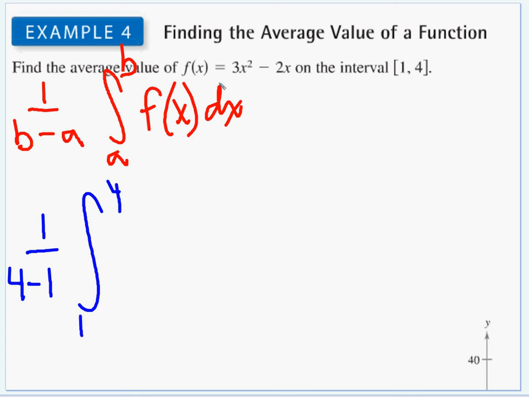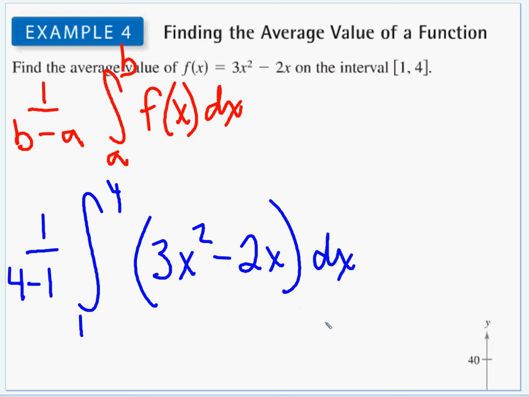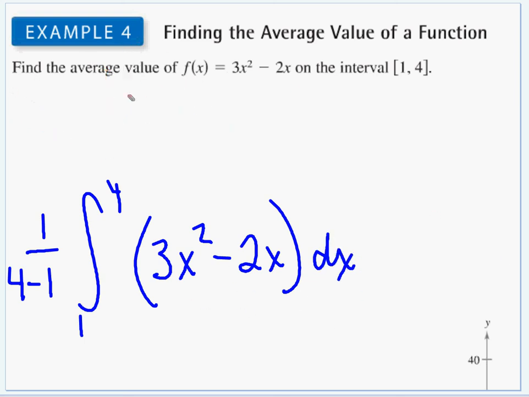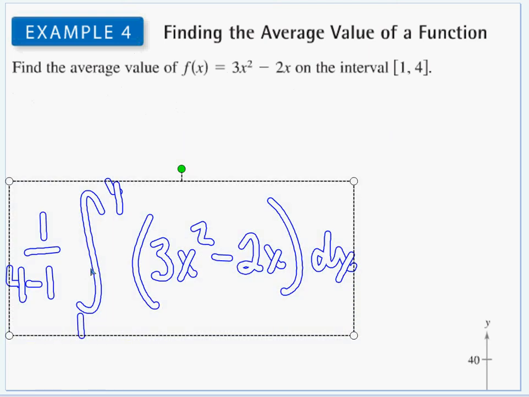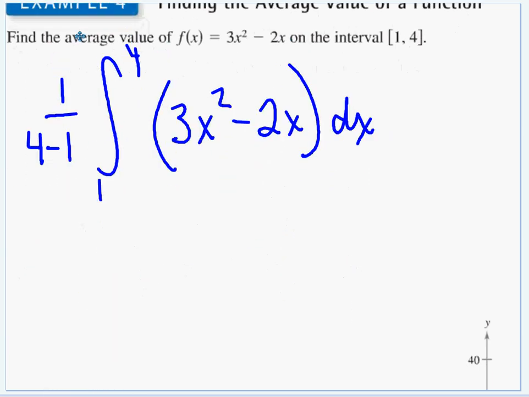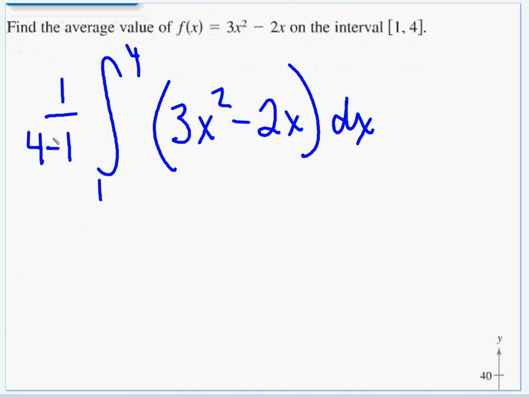And then we put in our function here, 3x squared minus 2x, and then dx, because we're going to antiderive with respect to the x-axis. All right. So 1 over 4 minus 1, that's 1/3.